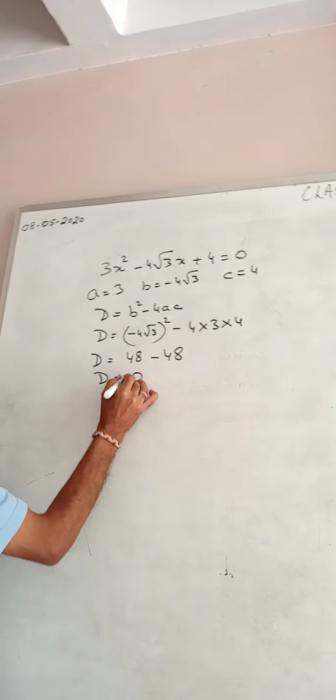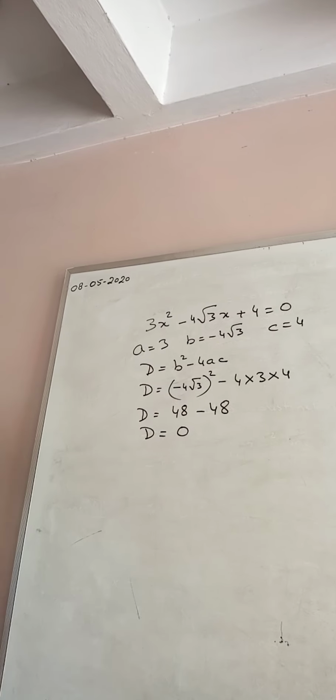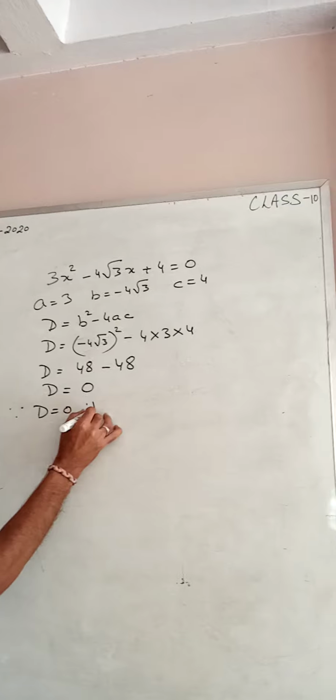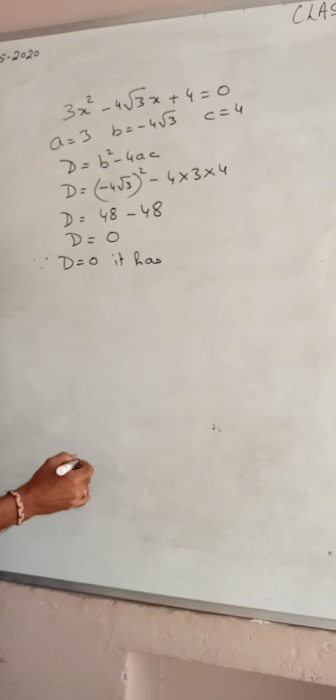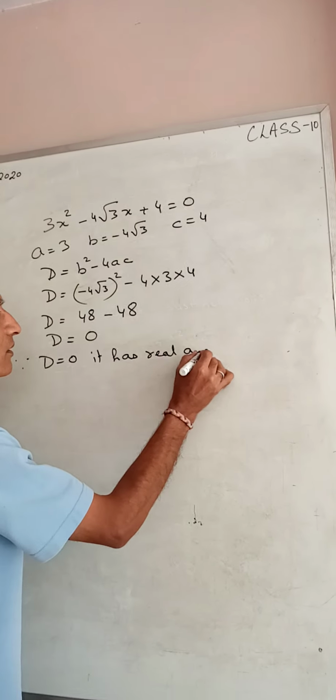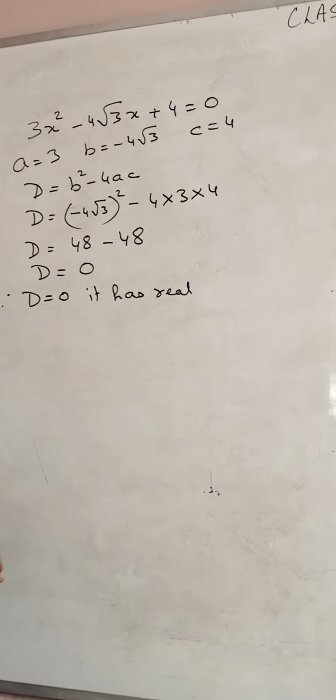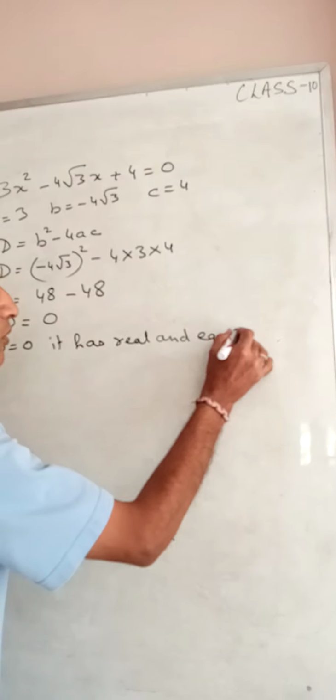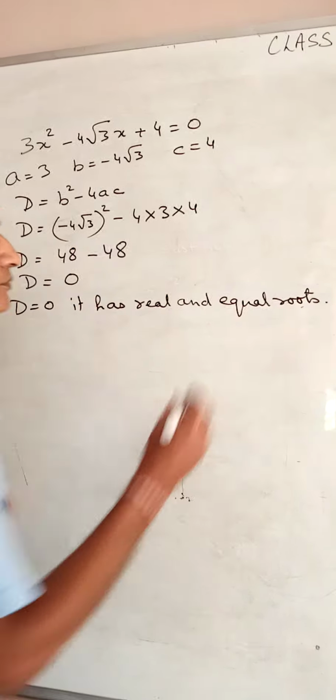So on subtraction, I get D as 0. So since D is equal to 0, we have seen it has real and equal roots.